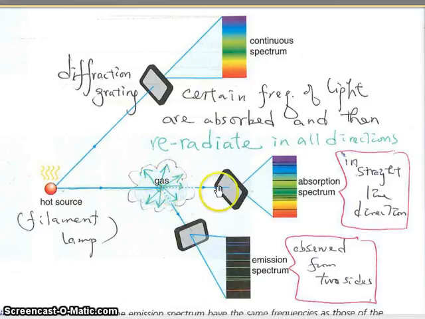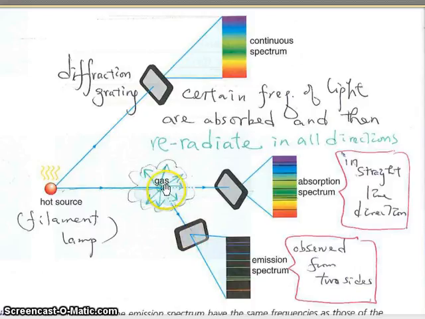So the forward direction that goes to the diffraction grating will have less intensity of light in the absorbed frequencies. That's why it produces an absorption spectrum, because some of these frequencies are absorbed and re-radiated in other directions already. However, if you put a diffraction grating on that side, then you may receive the re-radiated light.